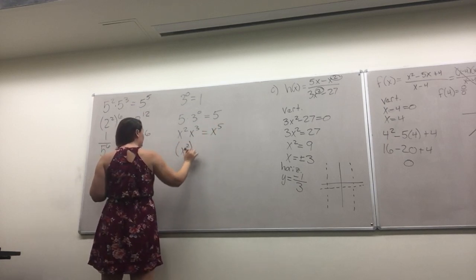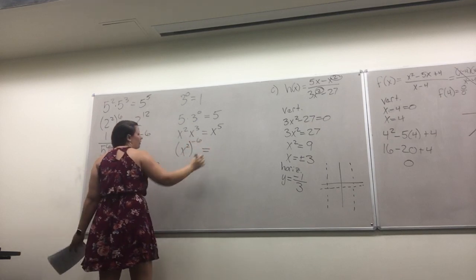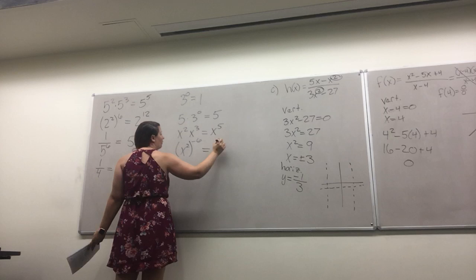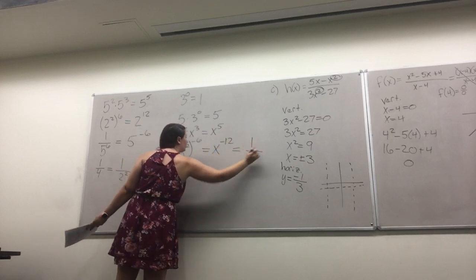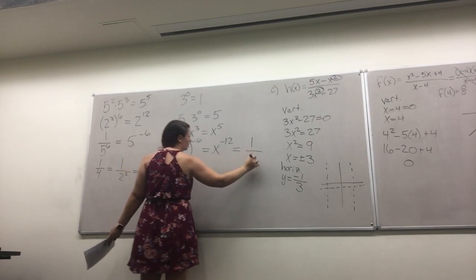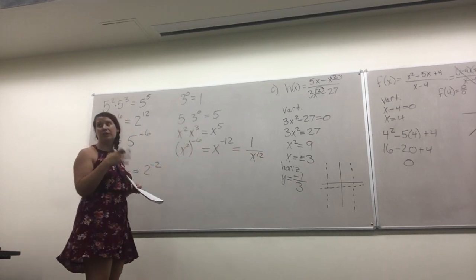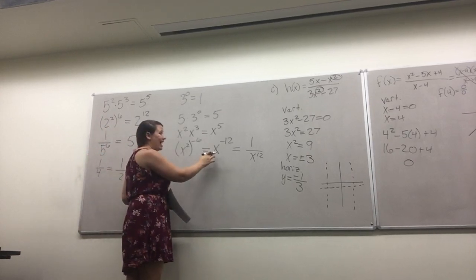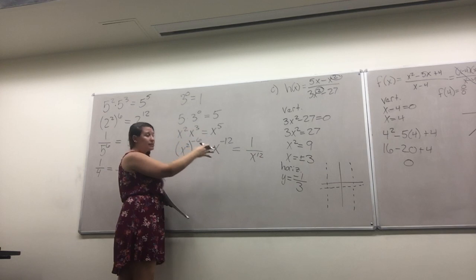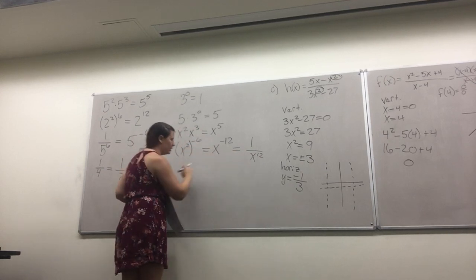X squared to the -6th is x to the -12, or 1 over x to the 12th. So you have options. Just depends on what they ask for. If they ask for x to a power as a power of x, they want this one. If they want x with positive exponents, they want this one.